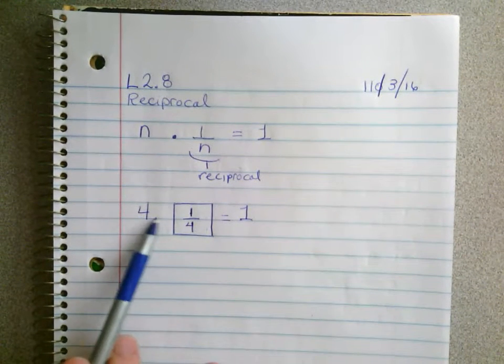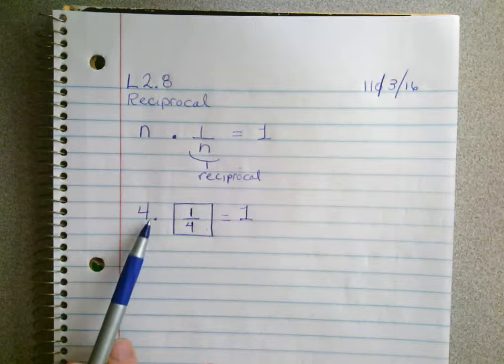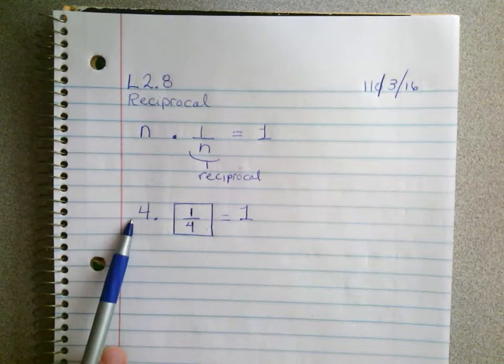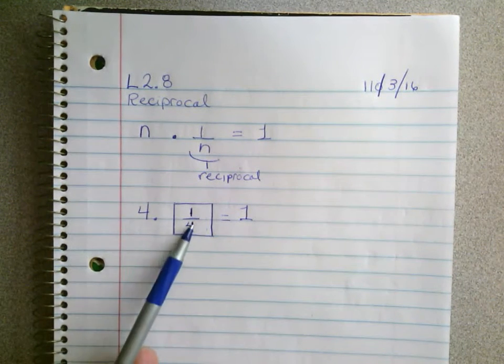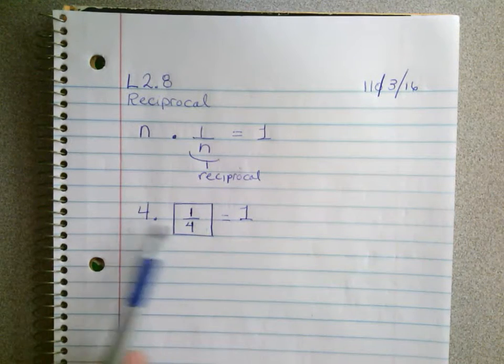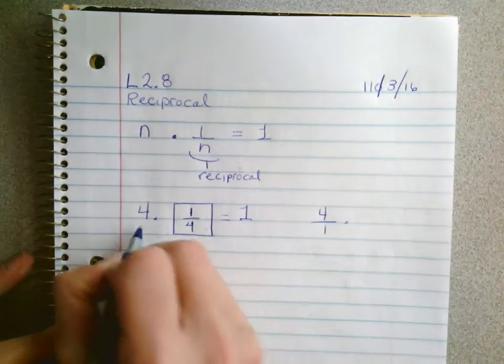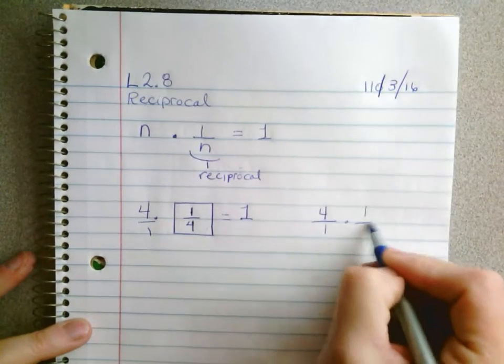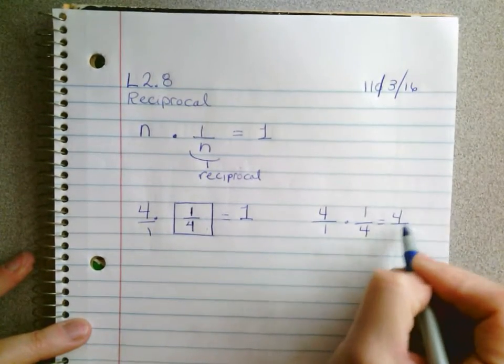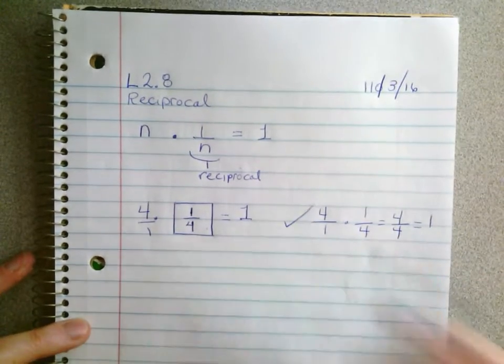And you can check yourself by taking this and dividing it by that when you're looking for what the reciprocal is. And in the end, you can check this to make sure it's true. 4 over 1 multiplied by 1/4. Does that equal 1? Yes.